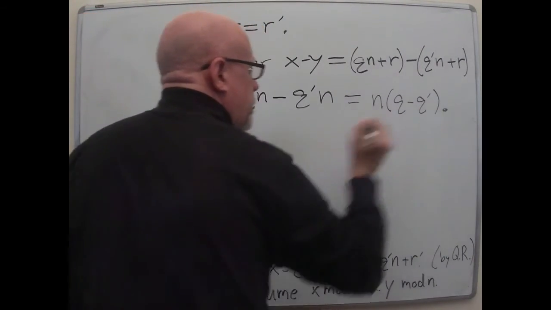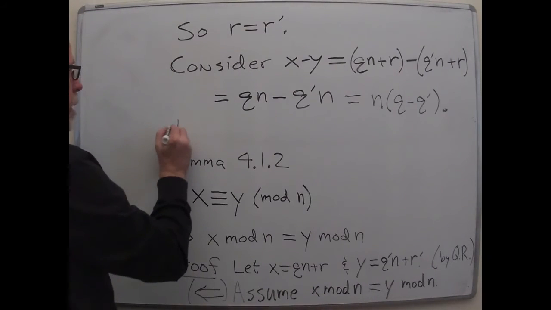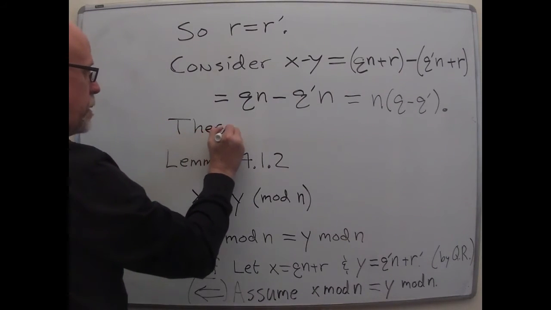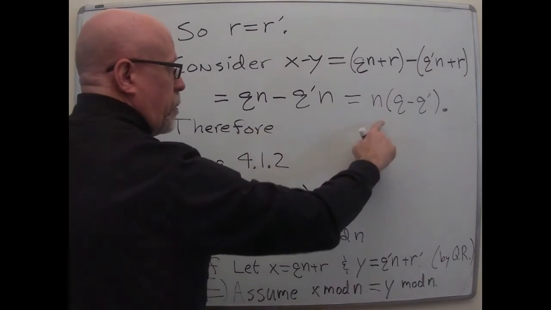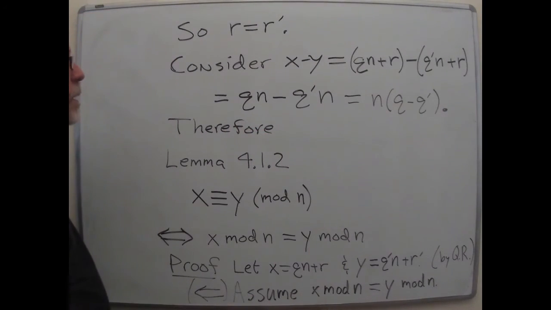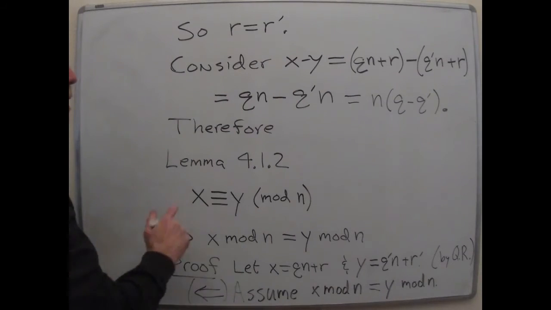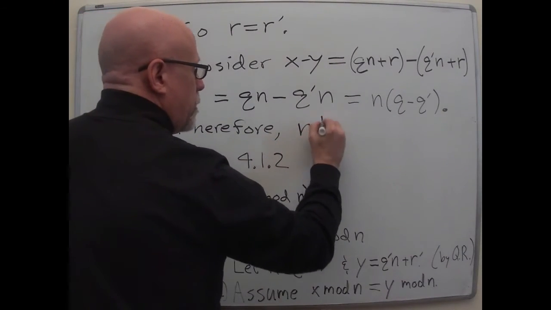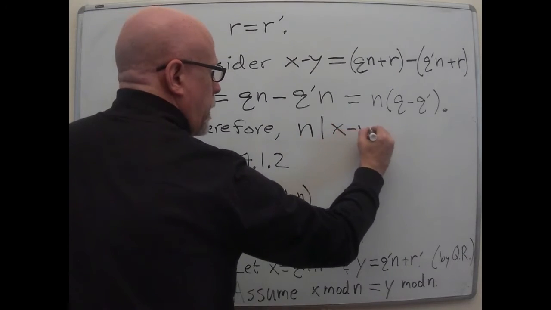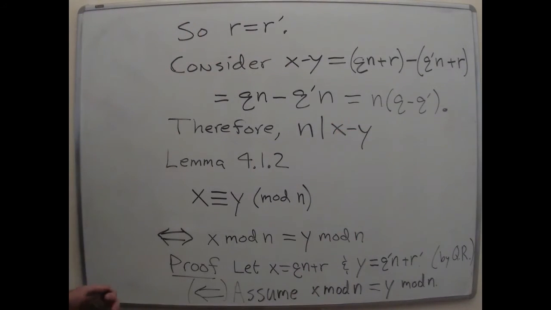I guess that's the end of the sentence, so put a period there. The conclusion then is that the number x minus y is divisible by n. So therefore, n divides x minus y. And what does that lead you to?